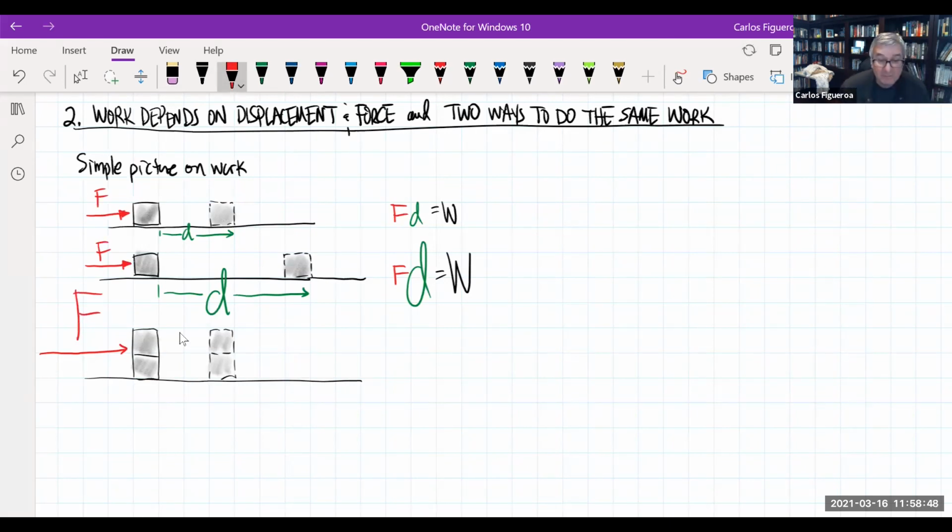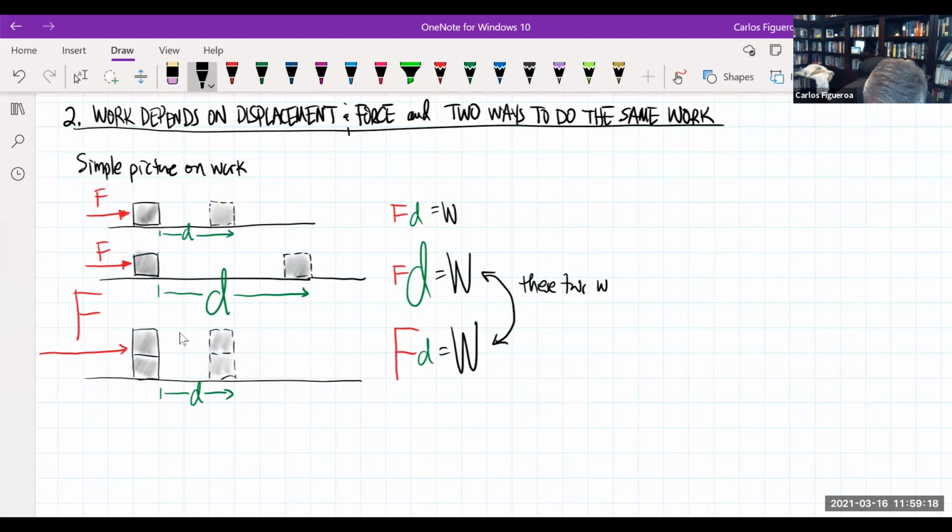Of course it has to be twice as big. You're moving twice as much. But now you're only going once the distance. So if I double the force and go once the distance, versus once the force and double the distance, these two works must be the same. In other words, there are two ways to do the same amount of work.